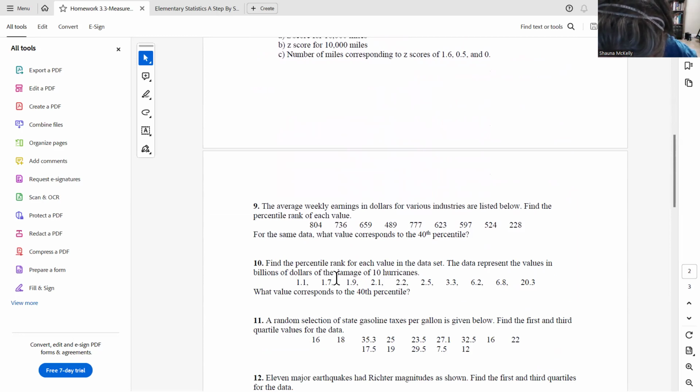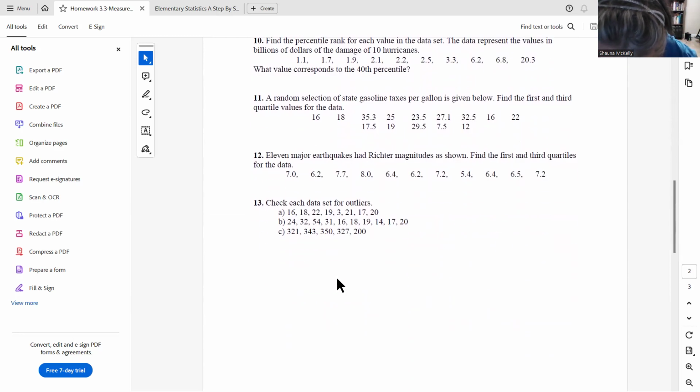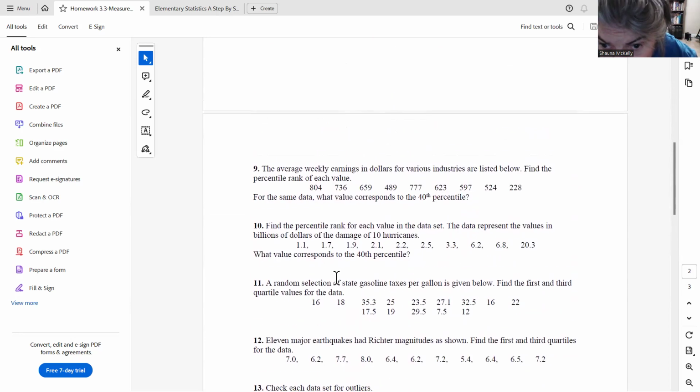Now, find the first and third quartiles, and 13 is check the set for outliers. Just for the sake of doing it, I'm going to go ahead and do number 9 in this video for you.